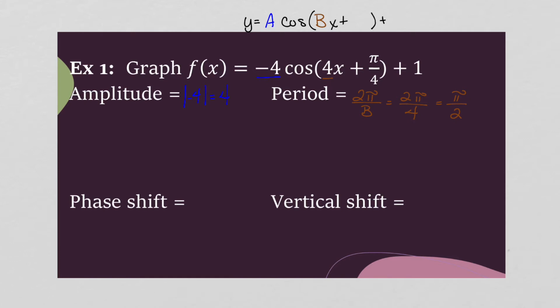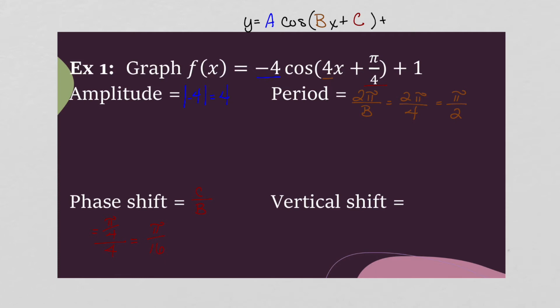And then the phase shift is C over B. So in this case, C is pi over 4, and B was 4. If we reduce that, we get pi over 16.